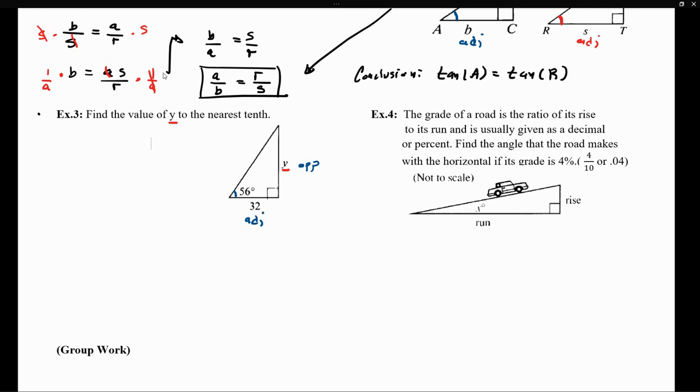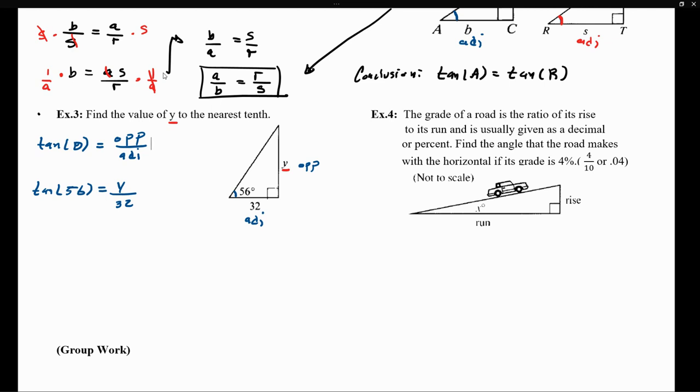So notice that if I use the tangent of an angle, which I know to be opposite over adjacent, let me plug in what I know. So if I take the tangent of the angle of 56, that's going to be equivalent to the side that is opposite, which is y, divided by the side that is adjacent, which is 32.